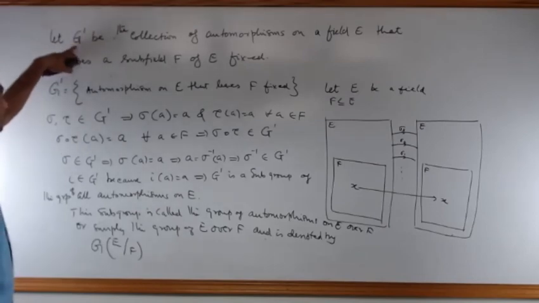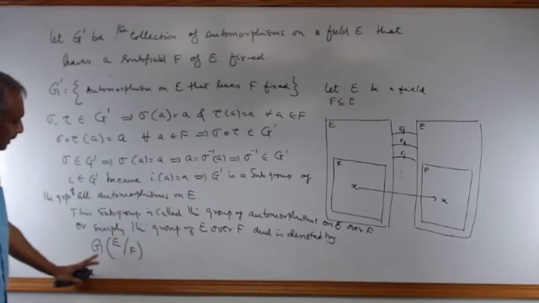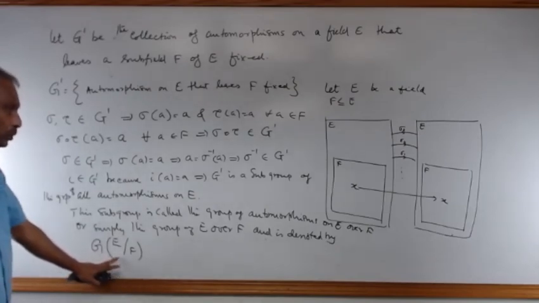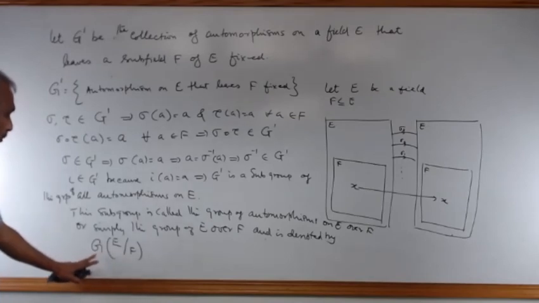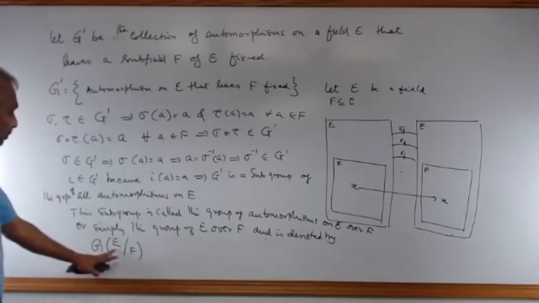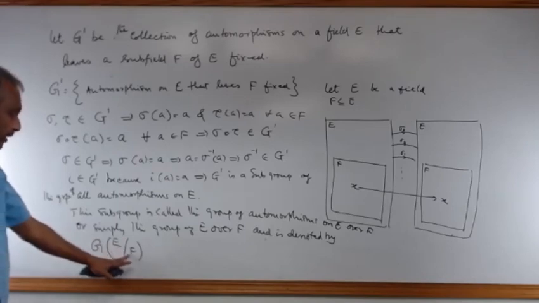We started off with G prime, but this is the notation we are going to use later on. This means the group of all automorphisms on E leaving the field F fixed.